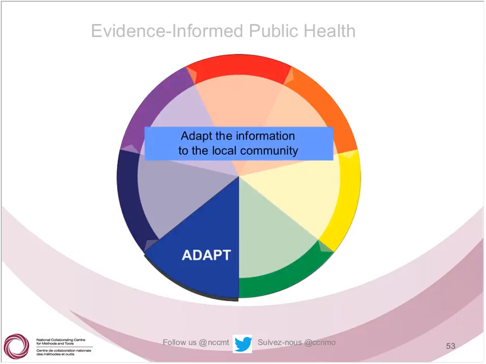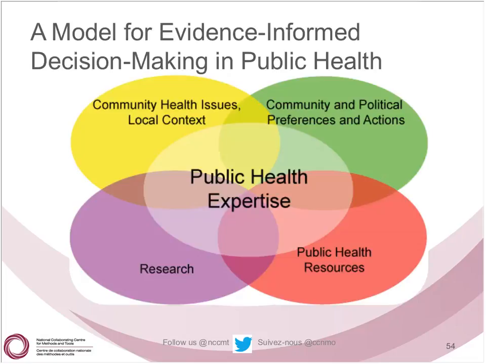We now move around the wheel to adapting, and here we're saying, okay, it worked in the research evidence, wherever that came from, or maybe it was from multiple sources. Will it work here? Will it work with our population? Will it work in our local community?